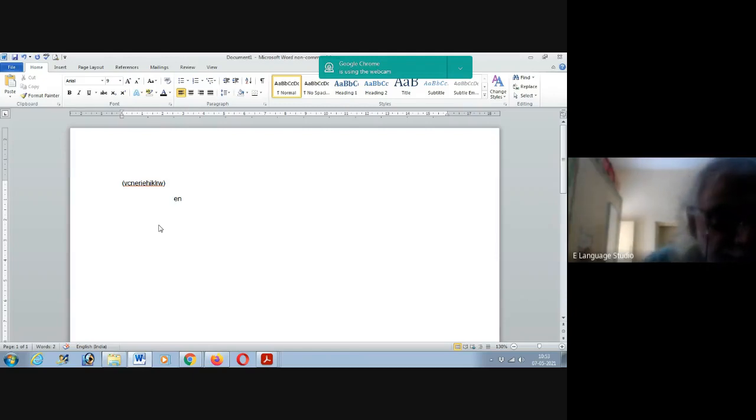Then we have a V, C, N, etc. So most probably the verb begins with a V and E. So now we have space. So we have removed the V, this is weg. And E is weg.